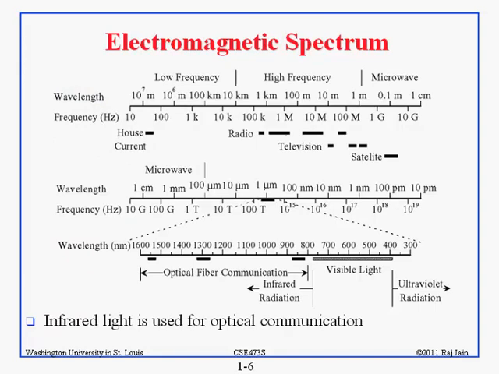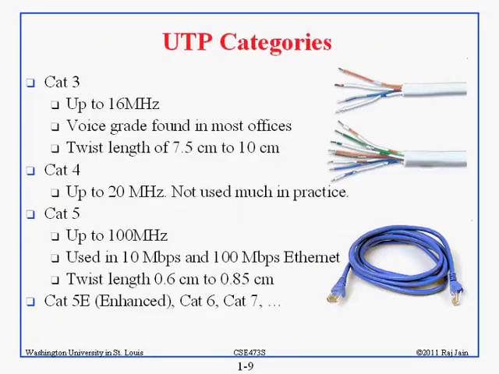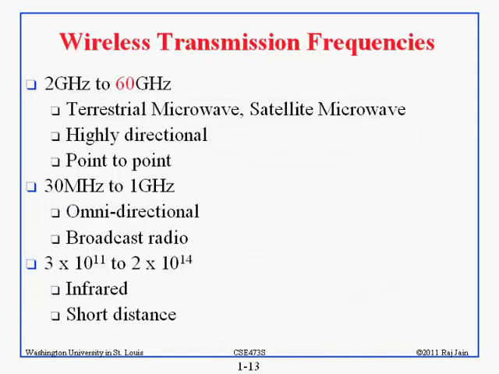This is microwave from 1 meter to 100 micrometer. So that spectrum, which goes from something less than a gigahertz to 1 terahertz, is most of the spectrum that we use in wireless communication.